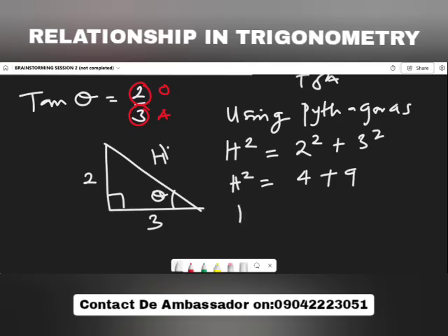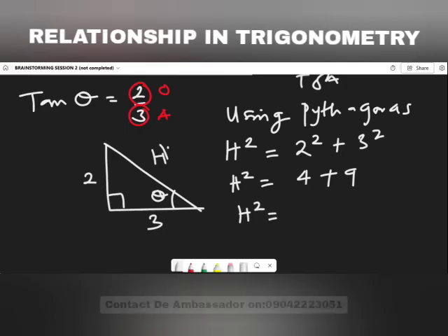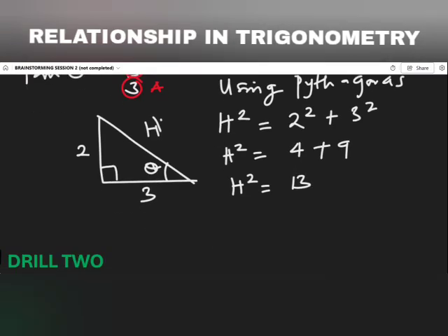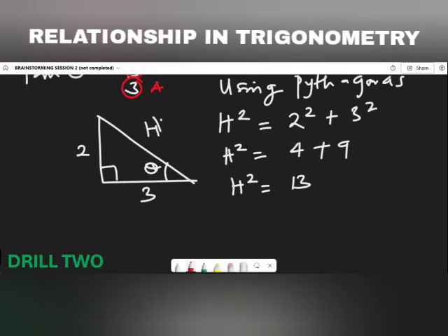So a square equals 4 plus 9, which gives 13. On the long run, I will find the square root of both sides. The square root cancels out the square, and I'm left with the value of my h being the square root of 13.